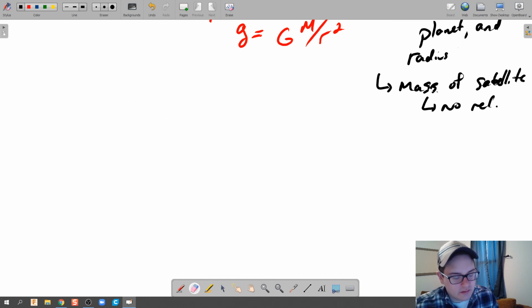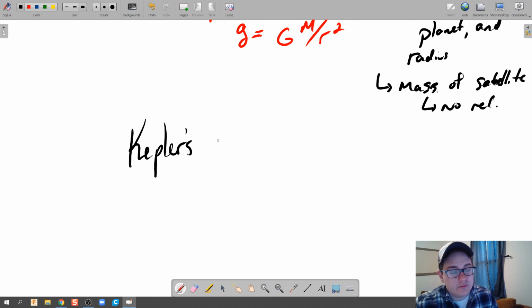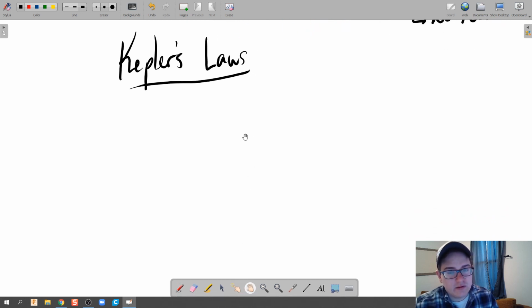Kepler came by and expanded on Newton's laws of gravitation using some of the calculus that Newton figured out. If you want to thank anybody for calculus, Newton discovered calculus so he could do physics better. So the first of Kepler's laws is that all planetary bodies follow an elliptical orbit.